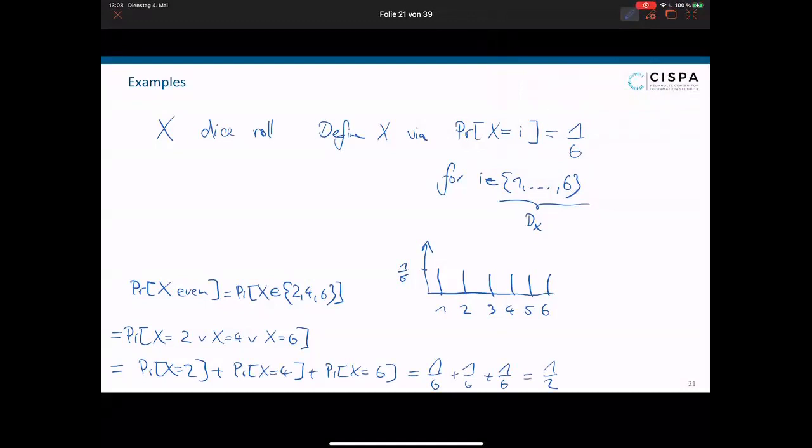Are there questions so far? This is an important concept, and you should make yourself familiar with how we're going to work with random variables. We probably already have something on the exercise sheets, I have to take a look at this. But this is really something you should feel comfortable with.